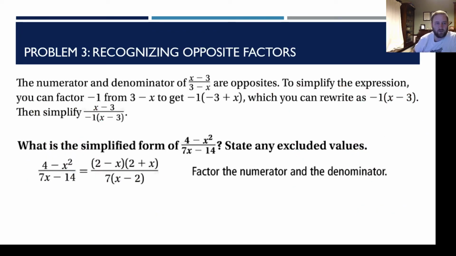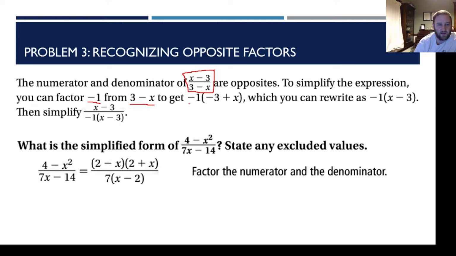All right, problem 3, recognizing opposite factors. The numerator and denominator of this fraction, x minus 3 over 3 minus x, are opposites, right? x minus 3 is the opposite of 3 minus x. To simplify the expression, you can factor negative 1 from 3 minus x.